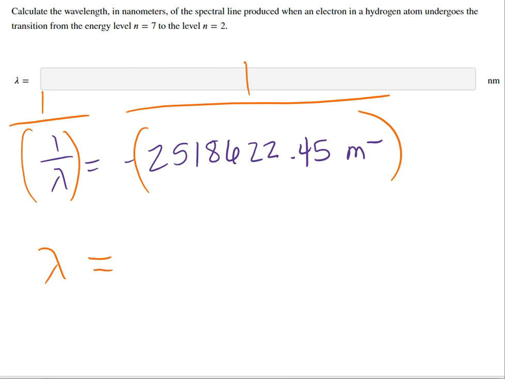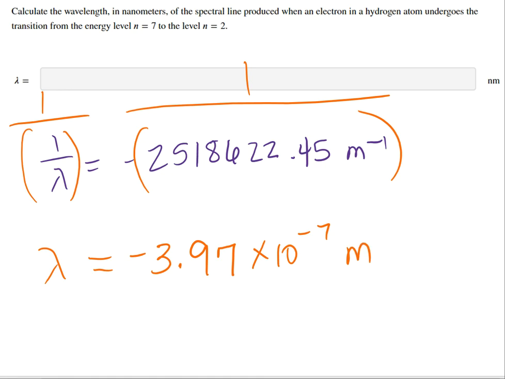When we do 1 over that negative 2,518,622.45 inverse meters, once we put that in our calculator, it's going to give us a negative 3.97 times 10 to the minus 7 meters.